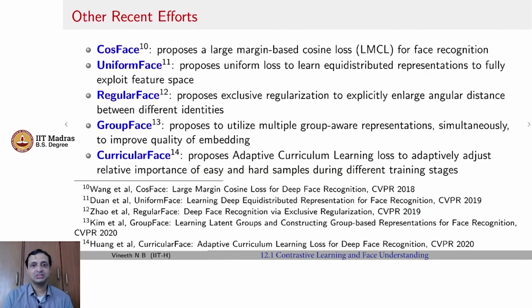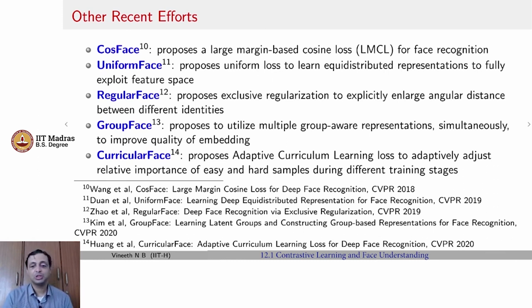Based on these approaches, there have been a slew of efforts. CosFace, proposed in 2018, proposes a large margin based cosine loss for face recognition. UniformFace, proposed in 2019, proposes a uniform loss to learn equidistributed representations so that you exploit the full feature space rather than focus on one ball around the origin.